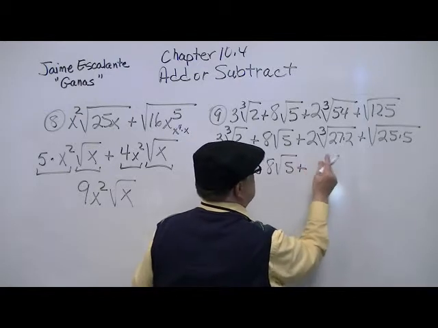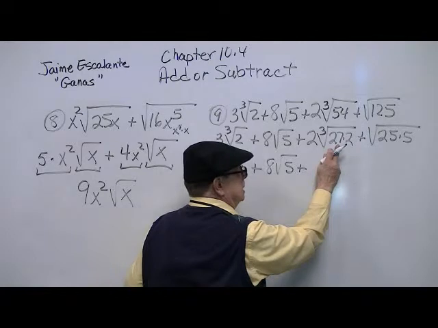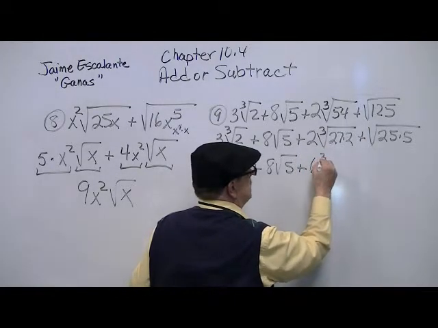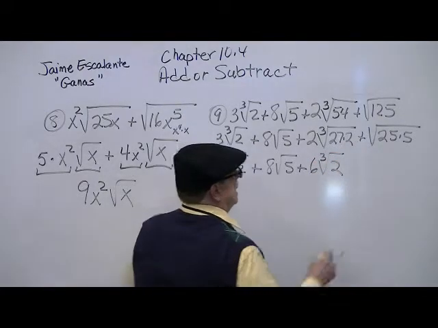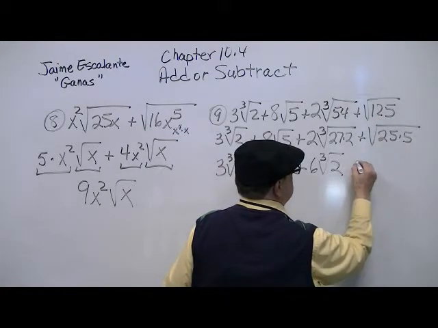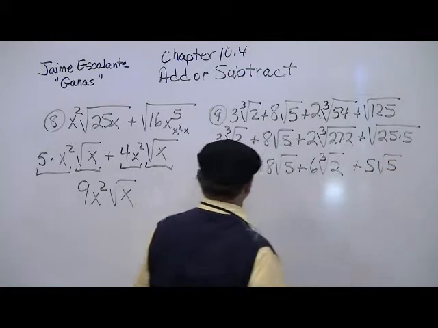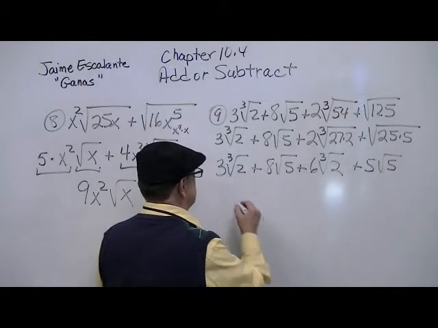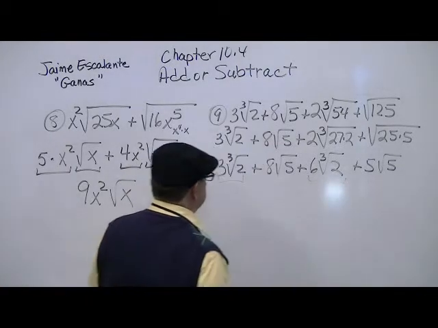Now this is going to become, the cube root of 27 is 3. So 3 times 2 is 6, the cube root of 2, that's what was left. And then 125 is 25 times 5, so this becomes 5, the square root of 5. And then now we have a couple of like terms, this one and this one.